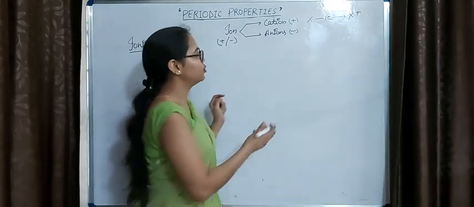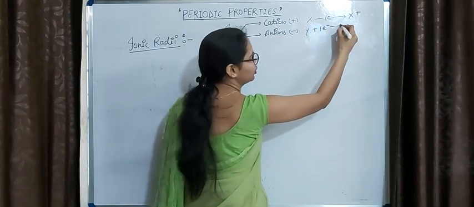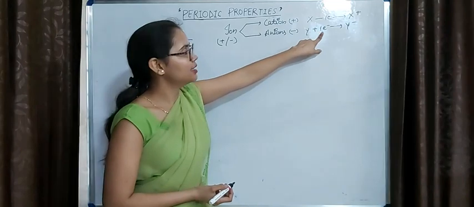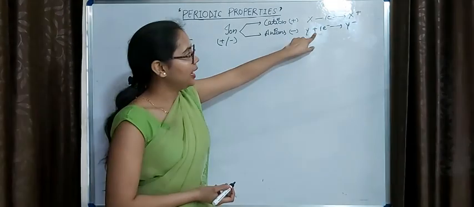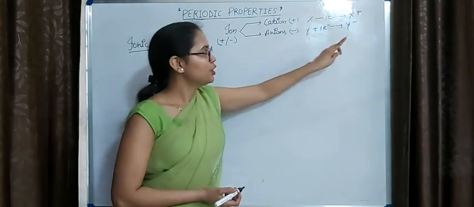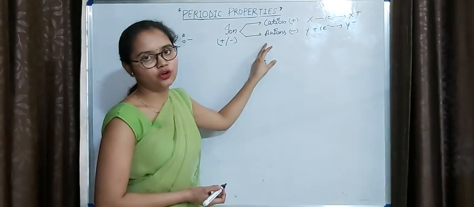And oppositely anion forms after the addition of electron like this, as Y is an atom here and it is accepting one electron, and after this addition it will convert into an anion. So this is about the formation of ions and this is the classification of ions.